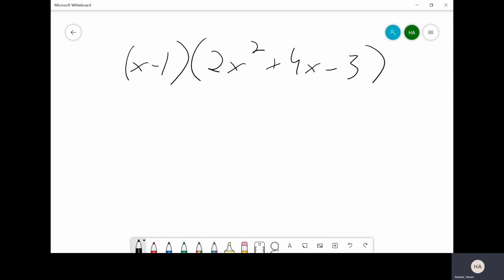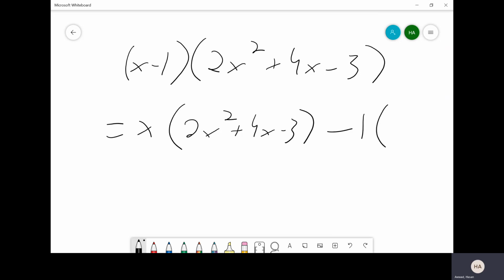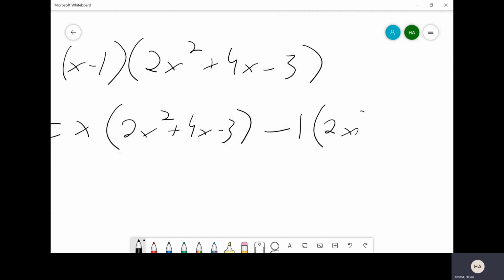Okay, so what is our first step? How are we going to approach this? Well, the way that I want you guys to approach it, because it's kind of easier for you to think about, is to break this up by the binomial. What I mean by that is this is going to be equal to x times the whole thing, everything that's in the trinomial, so 2x squared plus 4x minus 3, minus the 1 times 2x squared plus 4x minus 3.